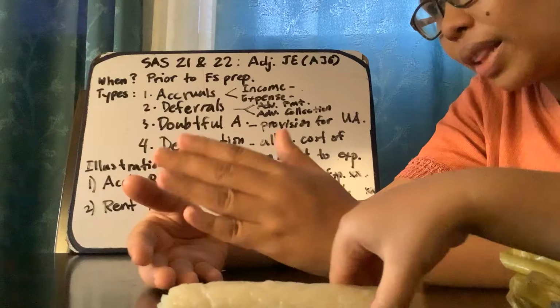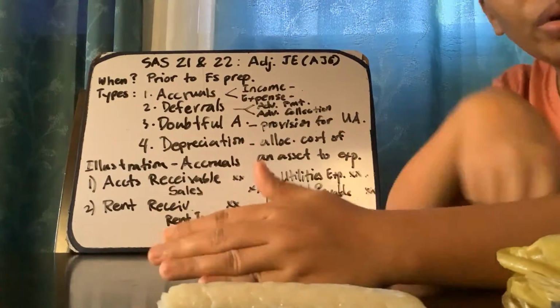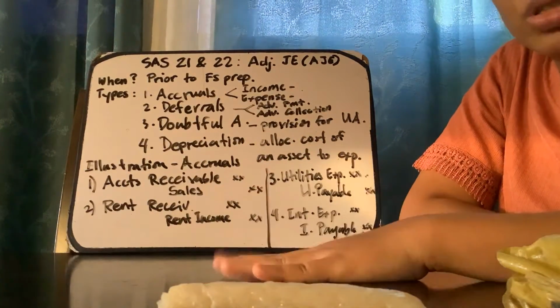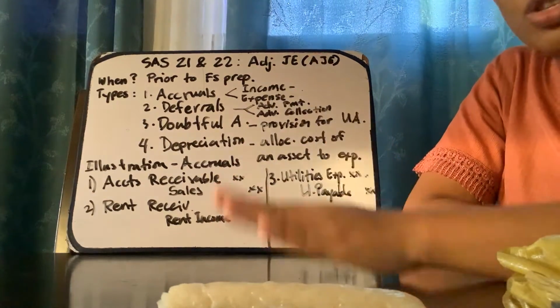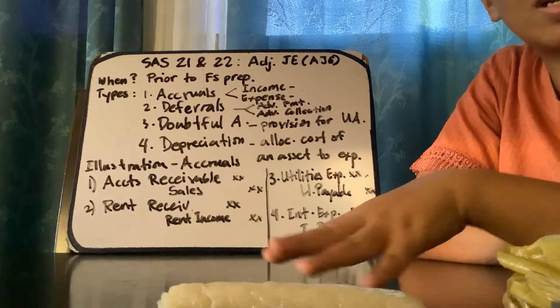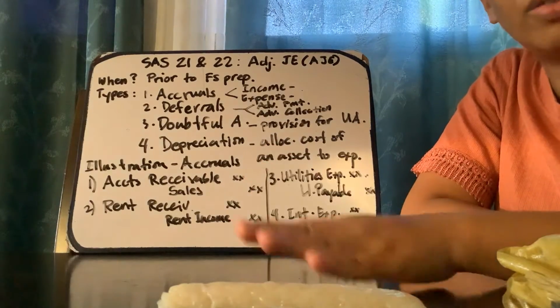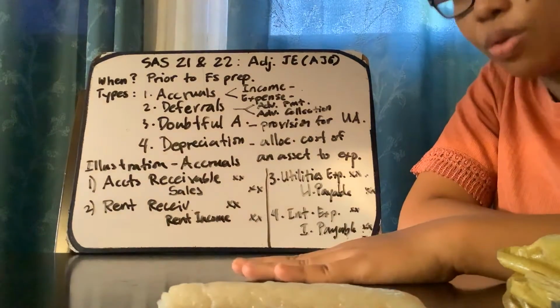So we make the journal entry. After doing the journal entry, you do the posting. You post it in our ledger. And so on and so forth. There's a cycle in accounting that we need to follow.